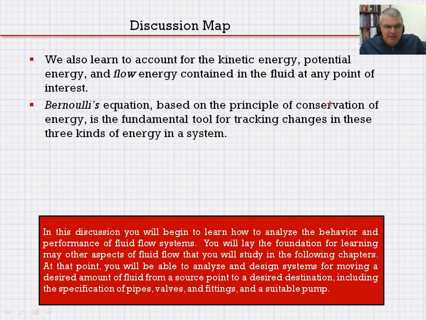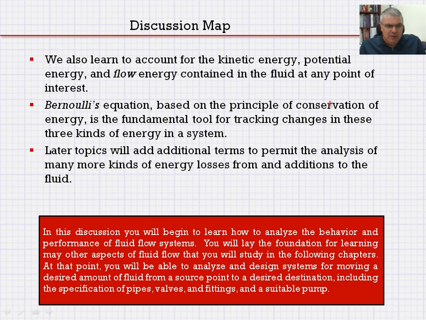Throughout the related lectures, this is the first one, we would talk about the Bernoulli equation later on. We would also talk about the different analysis of the energy loss, head loss, and so on.